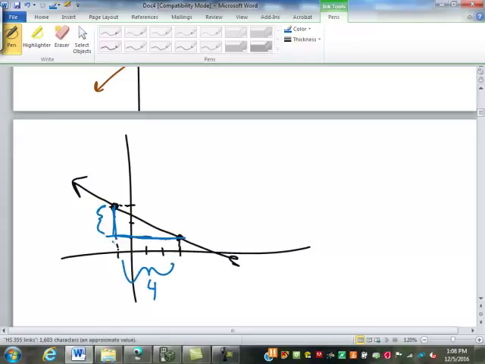This is down 2. So negative 2 over 4, negative 1/2.